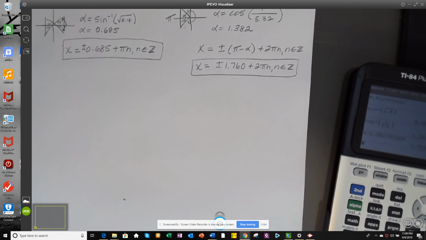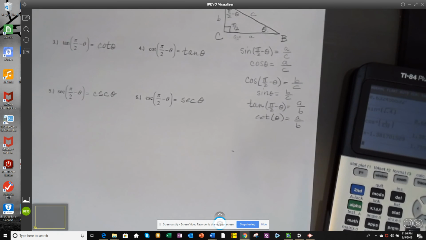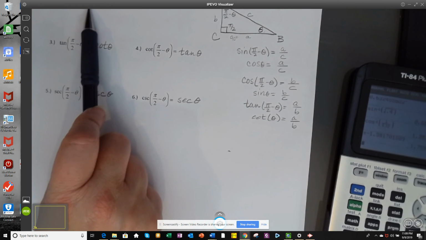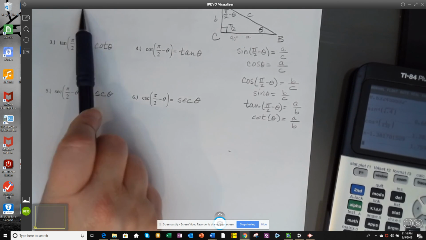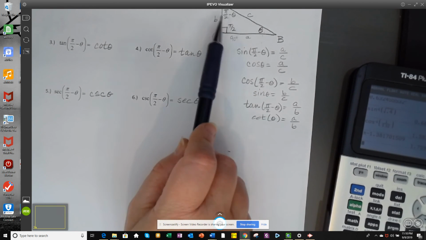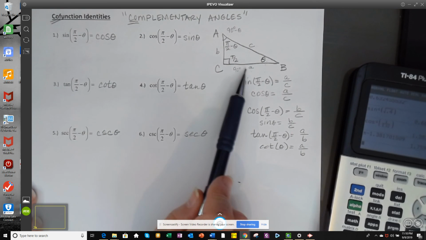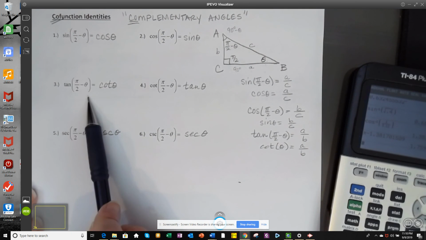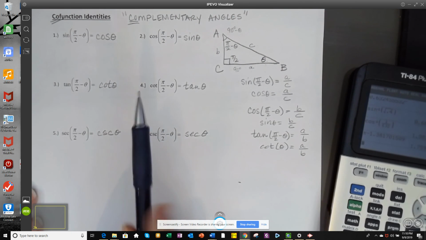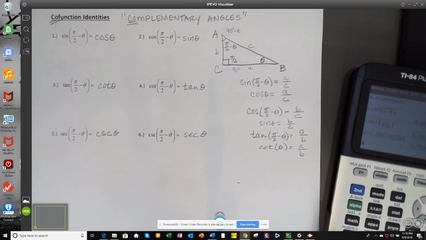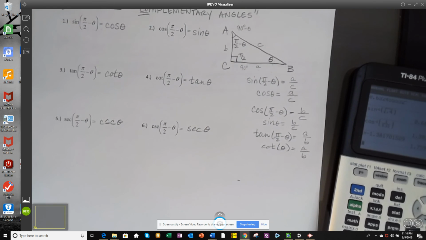We also talked about the cofunction identities, which apply because sine and cosine are the same when you're using complementary angles, and same with tangent and cotangent, which is really kind of cool because that's a nice little substitution that you can do to solve some problems.